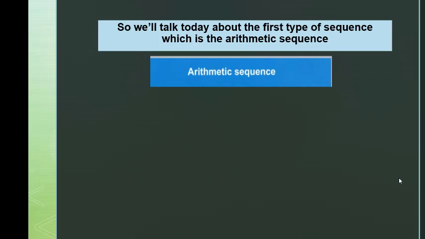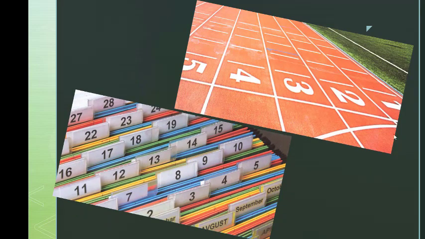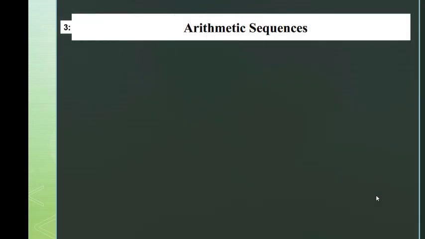So we will talk today about the first type of sequence which we saw in the last video, which is the arithmetic sequence. What do we mean by the arithmetic sequence? Let's see. The arithmetic sequence refers to a lot of things in our surroundings.